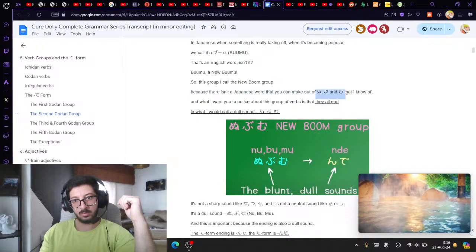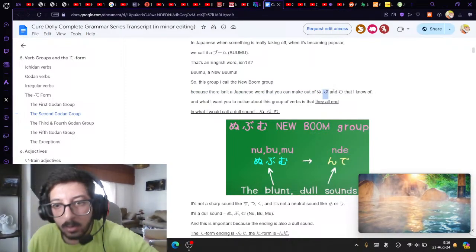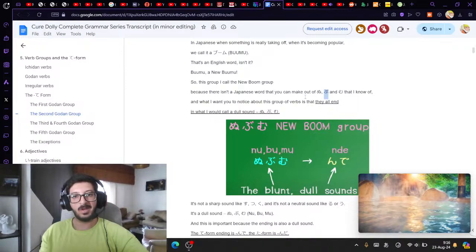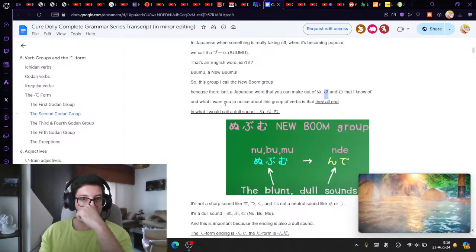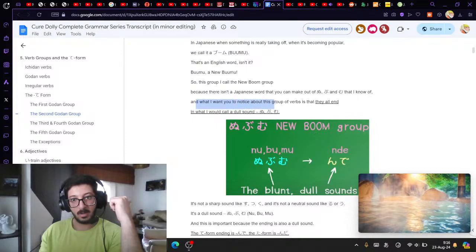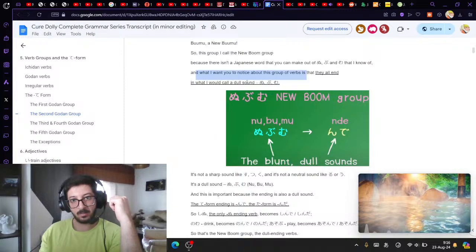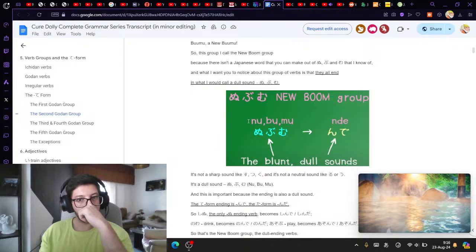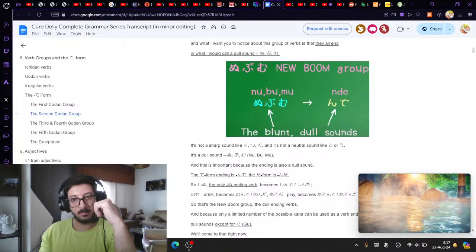Nu, bu, mu, fu with a dakuten. And what I want you to notice about this group of verbs is that they all end in what I would call a dull sound. Nu, bu, mu. So you replace the words ending with nu or bu or mu with nde.